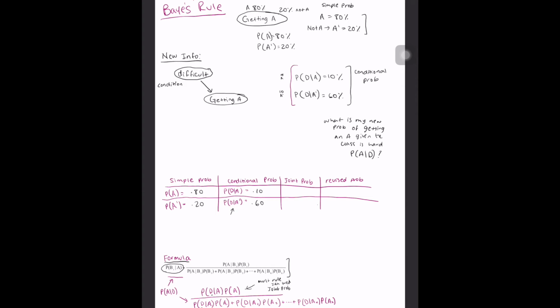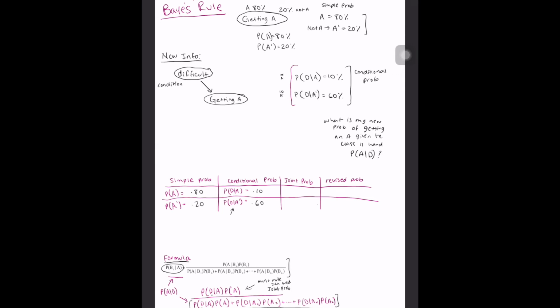And now for the denominator, it looks a little funky, but what it's really saying is the joint probability of you getting an A and the class being difficult, those events happening at the same time, and then the joint probability of all the alternatives also.